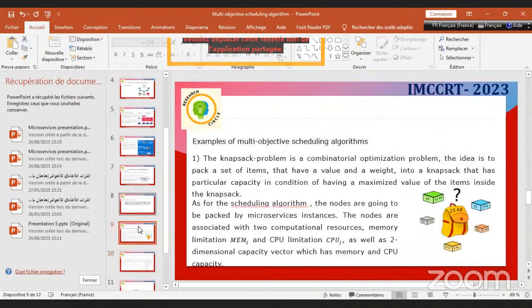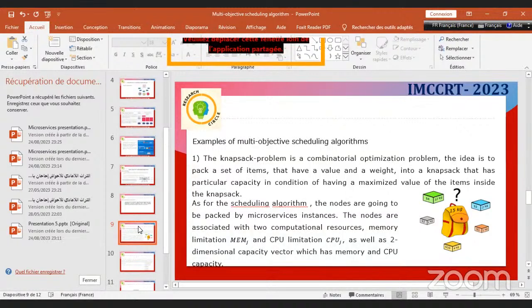So we will see some examples of multi-objective scheduling algorithms. We will see two examples. The first one is the knapsack problem, and we will see just a brief explanation of those two algorithms.